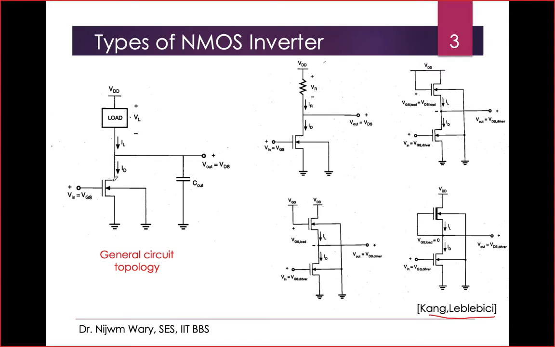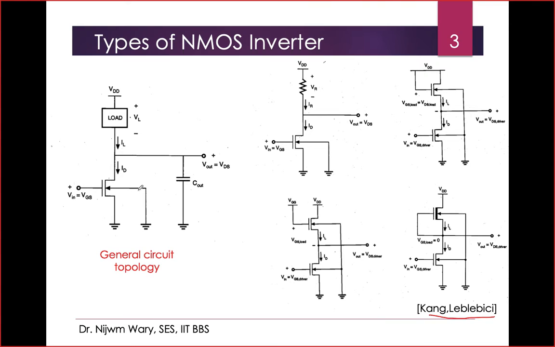They are trying to use the convention of the PN junction, right? For a PN junction, we use this arrow from P to N in a diode. Similarly, because the channel is N type and the substrate is P type, that's why for this NMOS this kind of arrow is used.